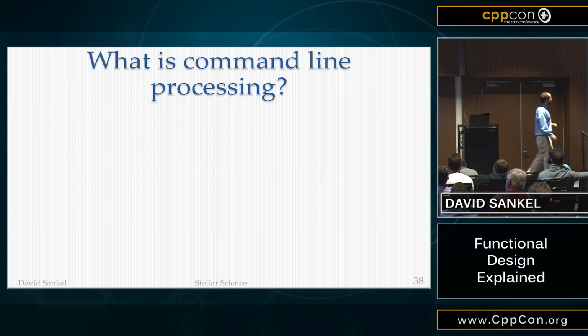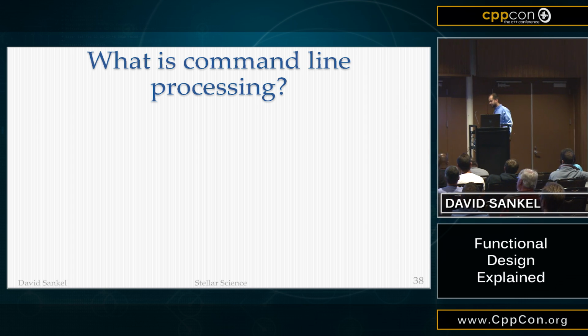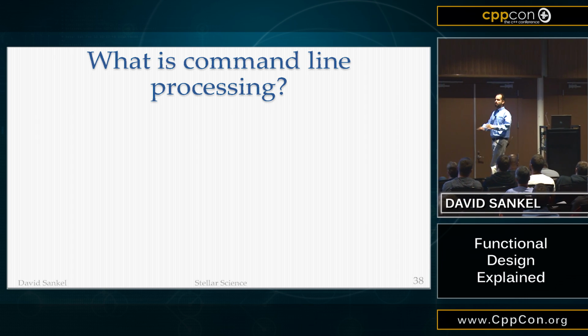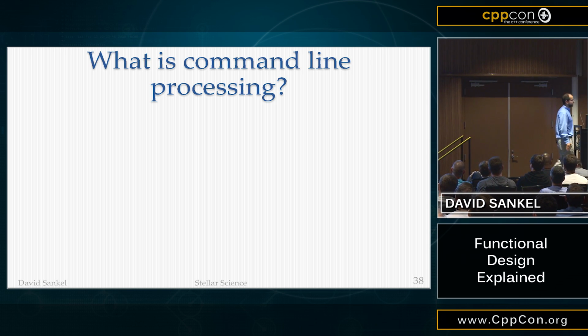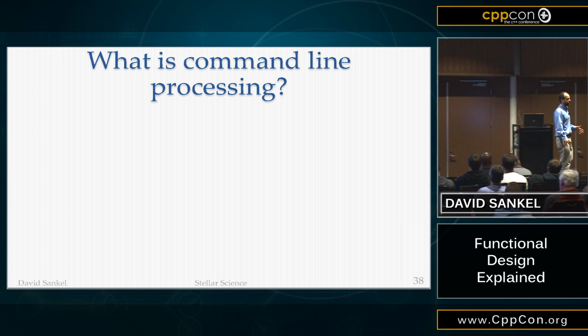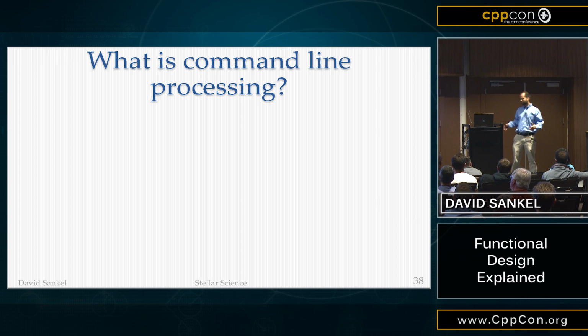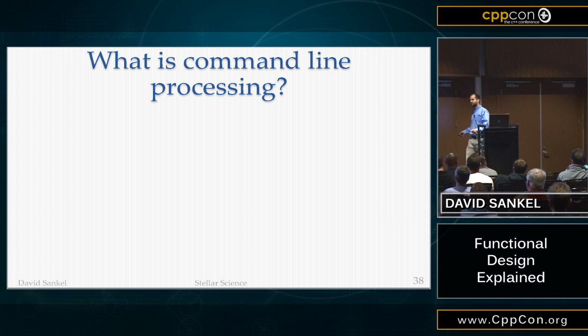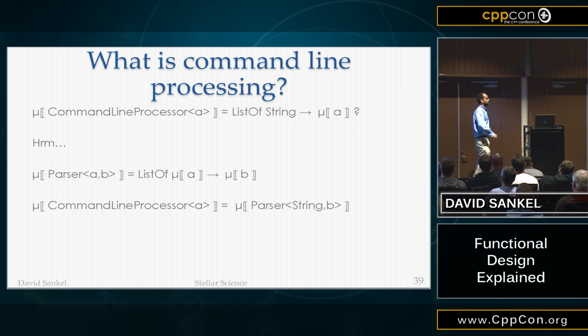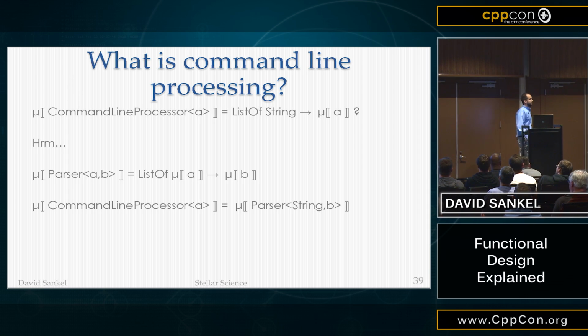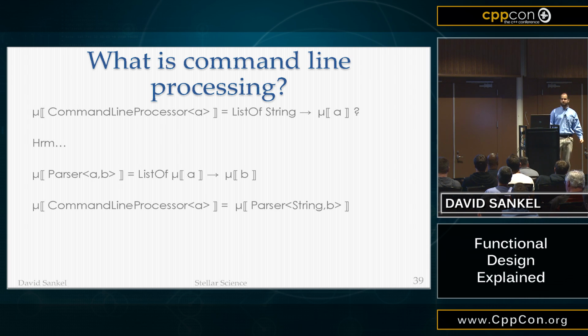So I got one more example. What is command line processing? I'm sure all of you have used some kind of command line processing library, whether it's getopt, boost program options, something or other. And I'm always very disappointed with them because I just ask the question, well, let's say I don't want to use double dash and I want to use single dash. Well, then you have to make a modification to the library and add new features to it.